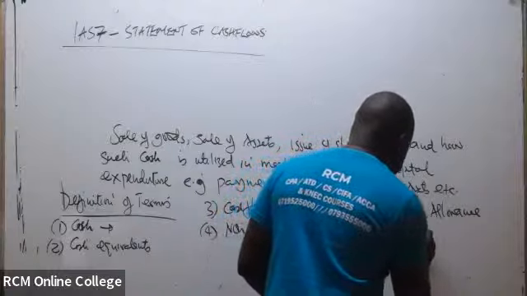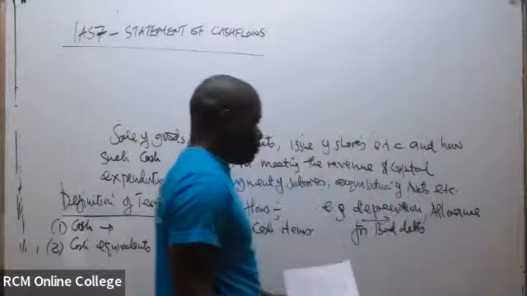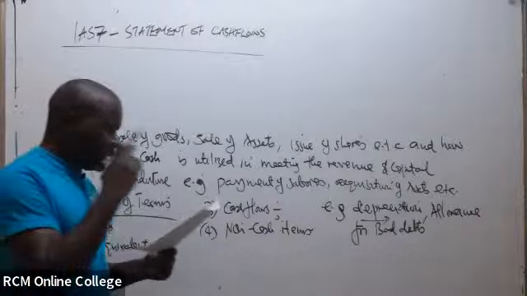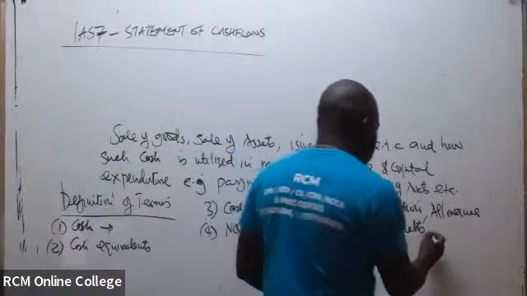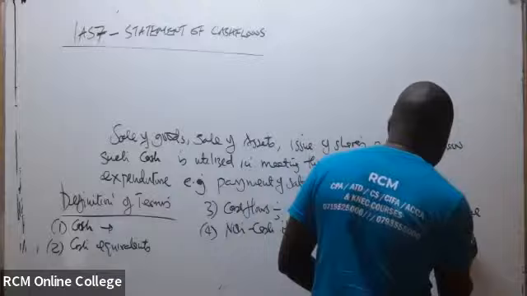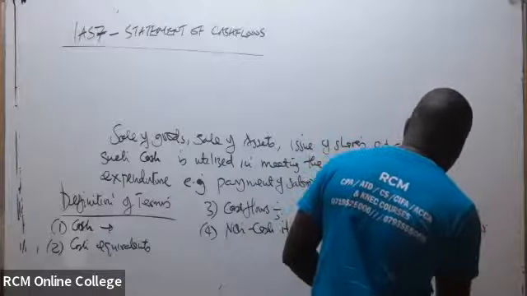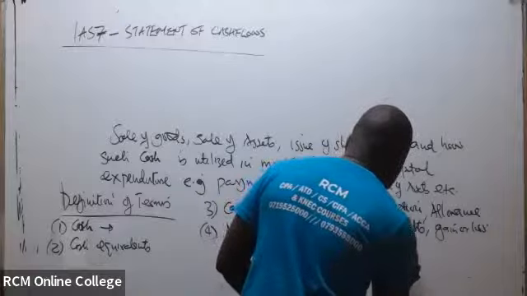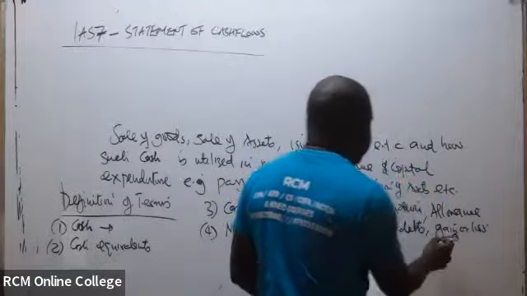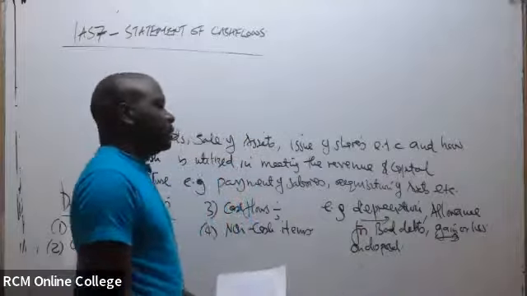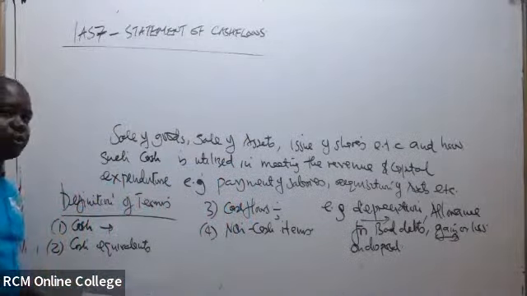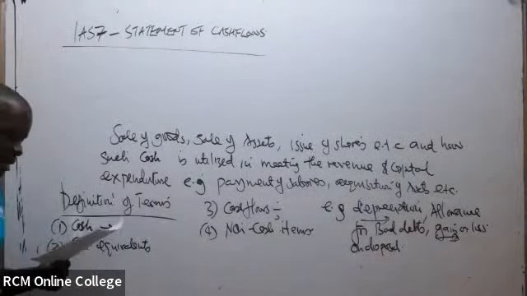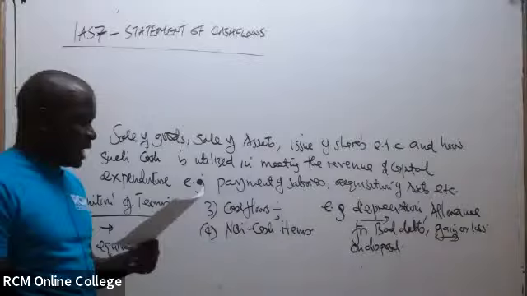Gain or loss on disposal: the gain, you recognize as an income, and the loss, you recognize as an expense. We call them non-cash items.